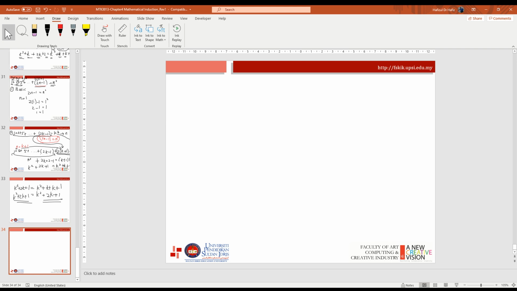Okay, show kita ada show 1 plus 2 plus dot dot dot plus n equivalent to n plus 1 divided by 2.